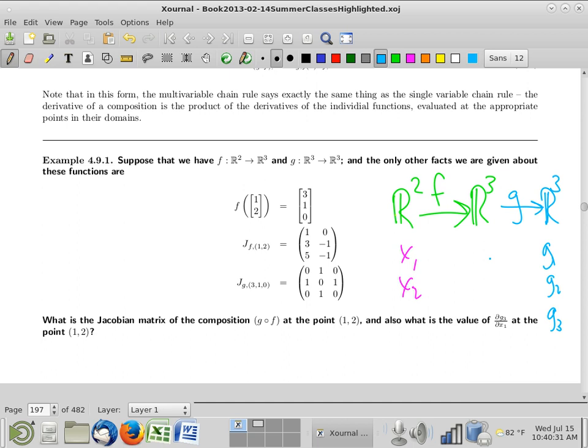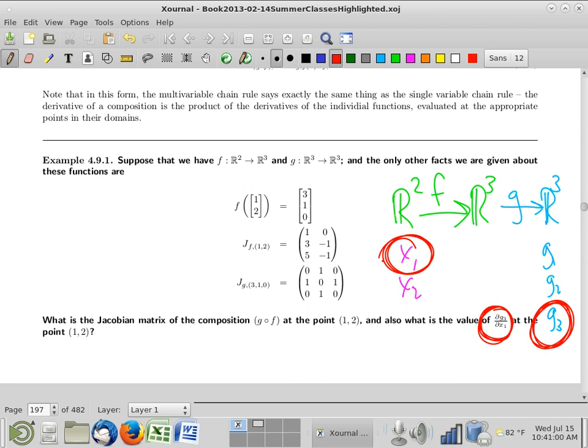And note what the question has asked for. The question has asked for the partial of g3 with respect to x1. So I want the partial of that with respect to that. And remember how Jacobian matrices are constructed. The columns correspond to the input variables. So since we're looking at a partial with respect to the first input variable, we want a number in the first column.